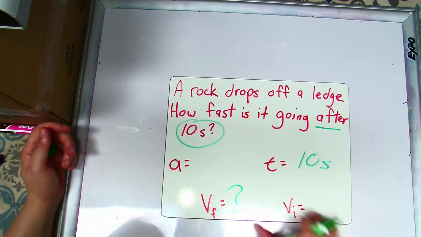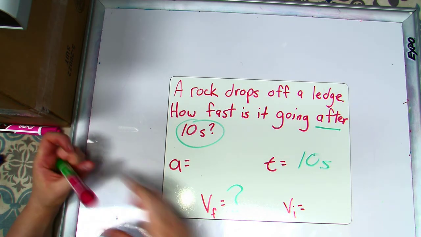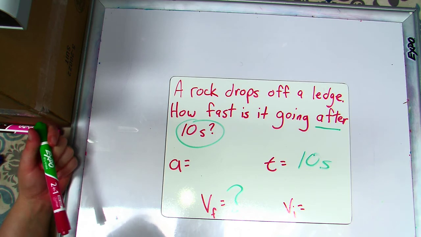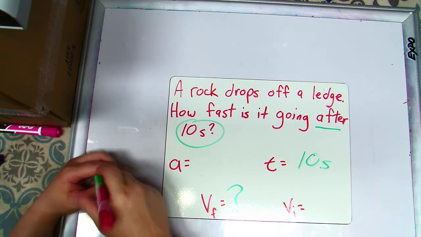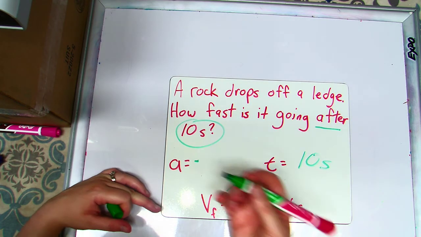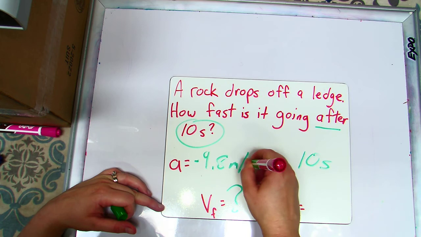But what about these other two terms? Well, it drops off a ledge. That means that there is no propulsion behind it. That means the only thing acting on it is gravity. It's a free fall problem. So that automatically tells us that we have to use the acceleration due to gravity, negative 9.8 meters per second squared.